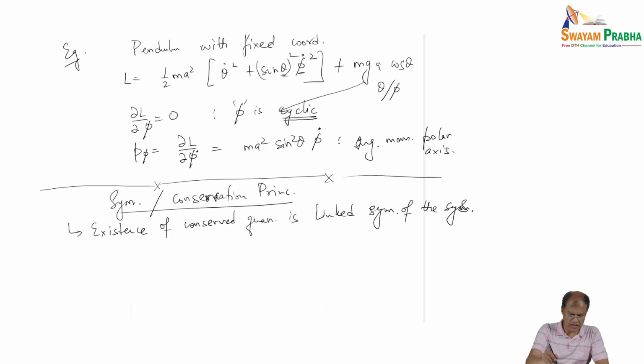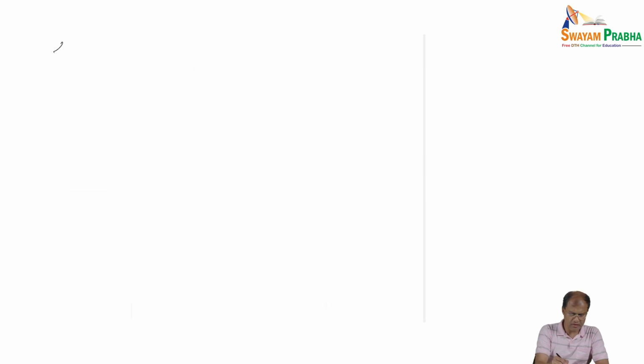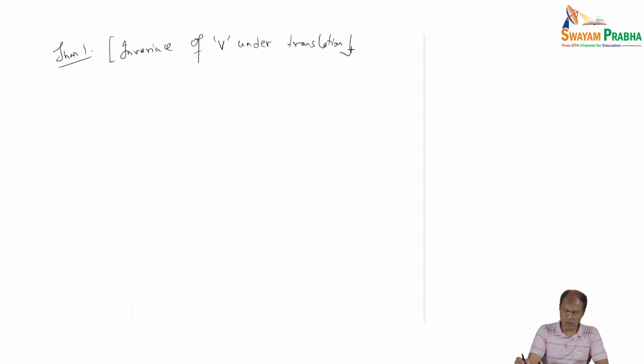So the first result that I have is the invariance of V under translation. Let us say that S is a conservative standard system.